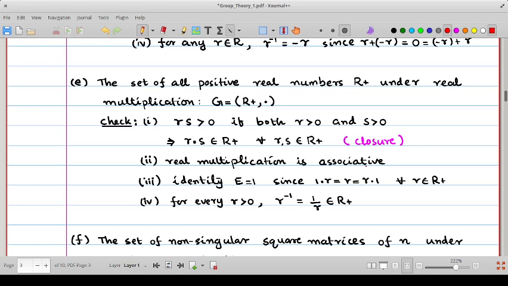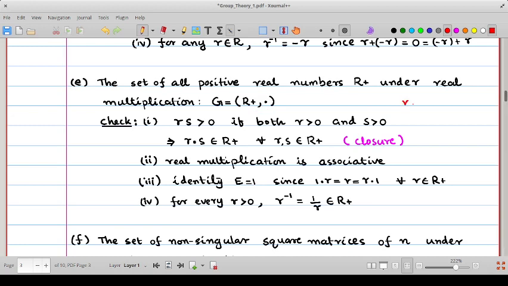Now under multiplication, the identity is the number 1, and that is because 1 times R, where R is a positive real number, is simply R. Therefore, the identity in this case is 1. Now we also need to check whether every element in the set has an inverse under real multiplication. For this, we note that an element in R plus is always greater than 0.